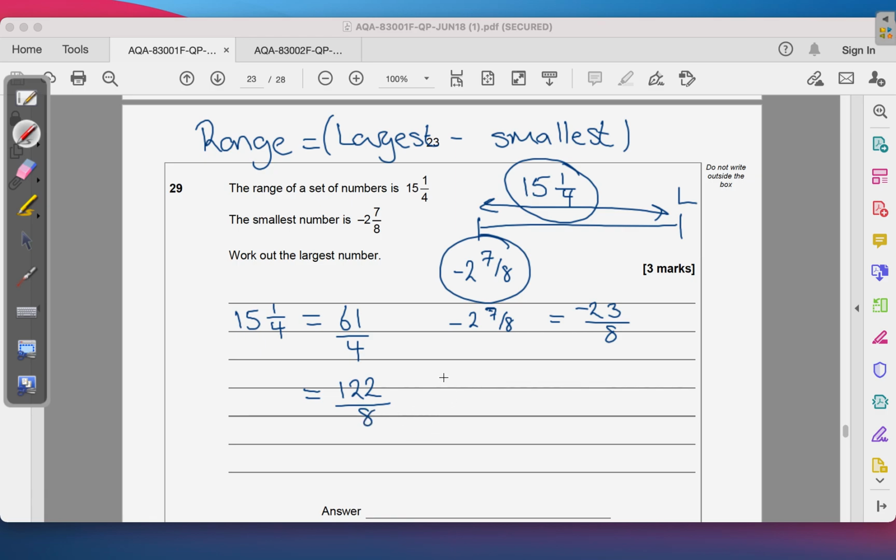So now I'm going to add this onto the smallest number. So that gives me minus 23 over 8 plus 122 over 8. So 122 minus 23 is going to be 99 over 8. Okay, and that's our answer, 99 over 8. And that is our largest number.